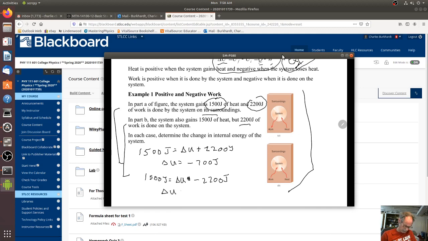This system heats up like crazy, because I'm going to add 2,200 to both sides to find the change in internal energy. So I'm going to get 3,700 joules. So this system is going to heat up. This system is going to cool off. This is hotter. This is the colder system. Okay, so that's the kind of thing that the first law tells us.